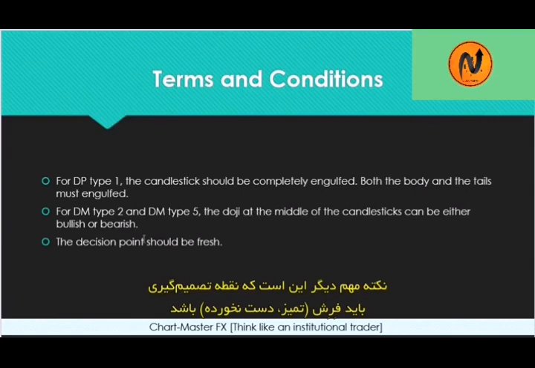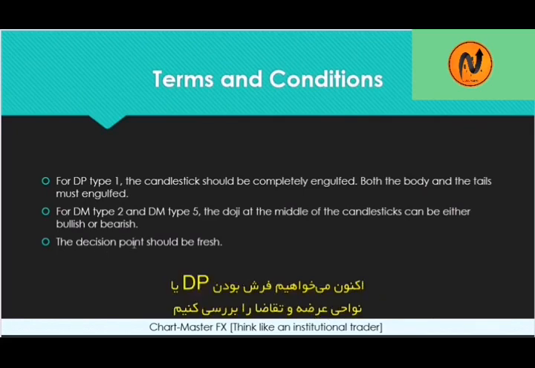So guys, the other important thing that we have to check is that the decision point should be fresh. So we are going to look at the freshness of decision points and the freshness of supply or demand. We are going to look at this as we go through the course.